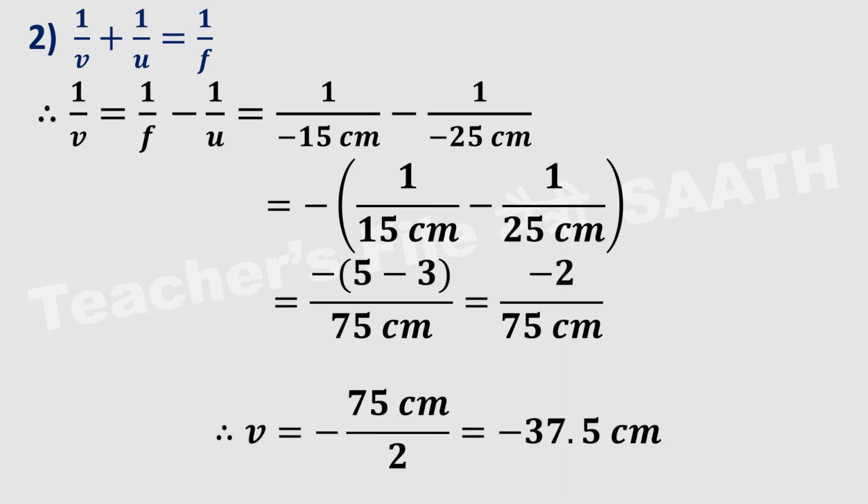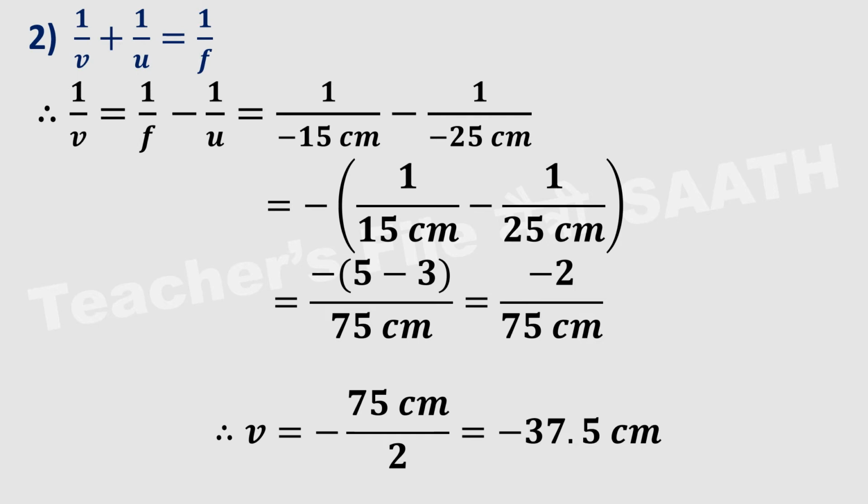Therefore, 1 upon v is equal to 1 upon f minus 1 upon u is equal to 1 upon minus 15 cm minus 1 upon minus 25 cm. By taking minus sign common, in bracket 1 upon 15 cm minus 1 upon 25 cm is equal to minus in bracket 5 minus 3 upon 75 cm is equal to minus 2 upon 75 cm.